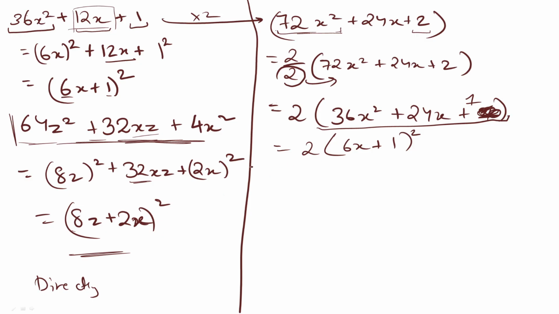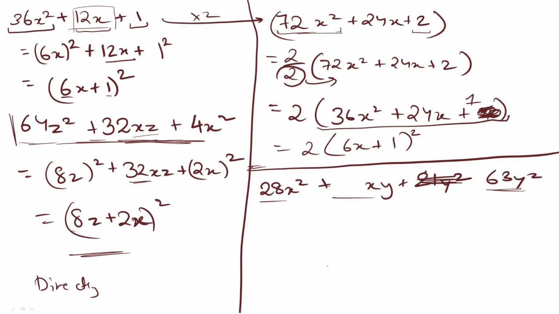Now let us do one more question like this. All we have to do is factor out the common factors. Let us imagine that we are asked 28x square plus 84xy plus 63y square. We can see one common factor here, which is 7.